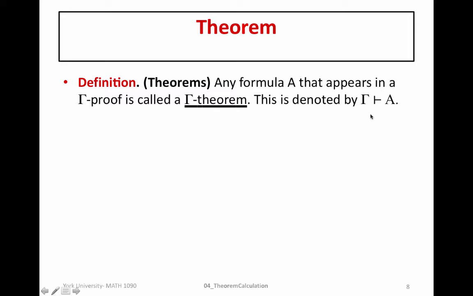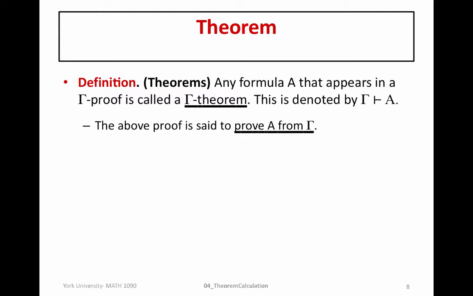Notice that this is a statement in the meta theory because none of these symbols are within our logic. Whatever the well-formed formula A represents will be within our logic, and this will be a theorem within our logic, or a gamma theorem. But when you're asked to show gamma proves A, you're being asked outside of logic to show this inside logic.